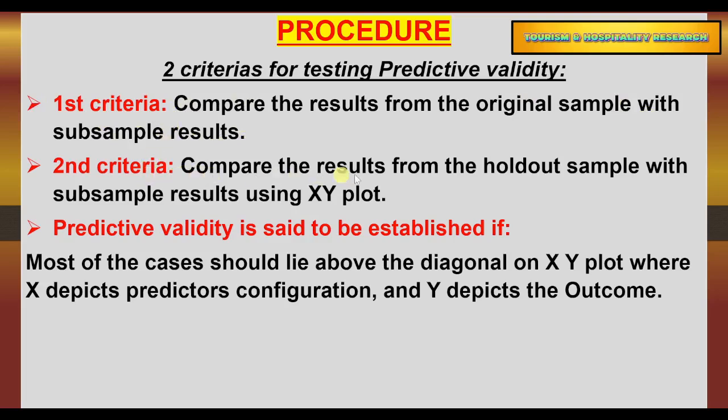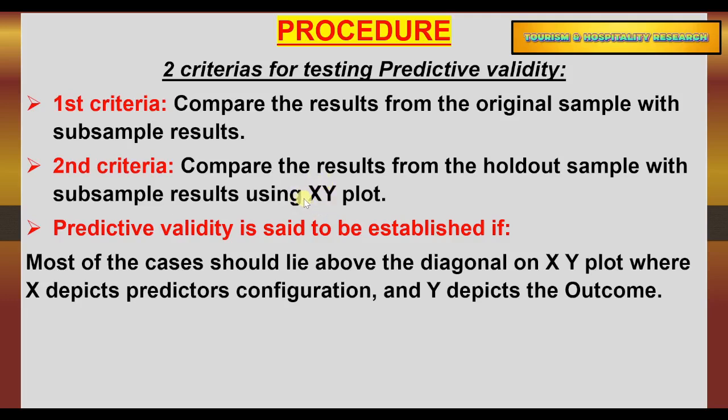Next step is to compare the results from the holdout sample with the subsample results by selecting the configuration which has the highest consistency in the subsample intermediate solution results, and then building that configuration and plotting it on an XY plot where Y is the outcome and X is that configuration.